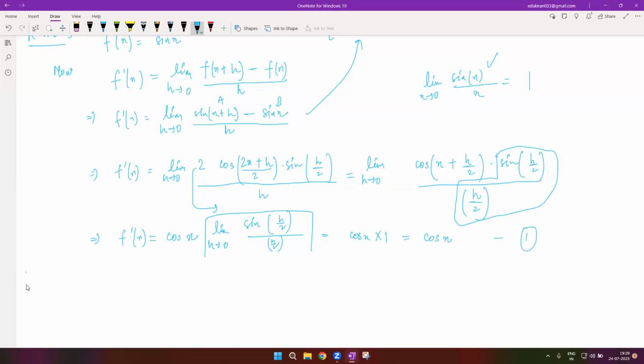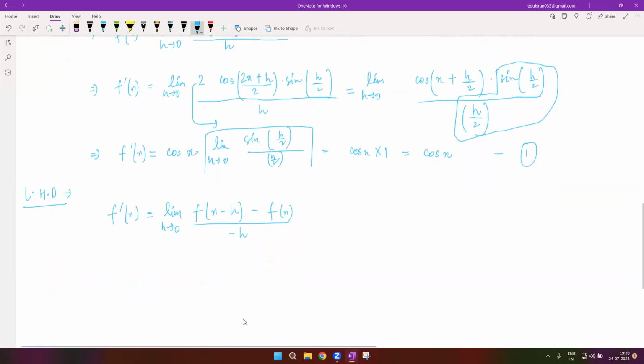Now we will go to the left-hand derivative. First, we will write out the formula for the left-hand derivative. It can be calculated as f dash x is equal to limit h tends to 0, f of x minus h minus f of x, divided by minus h.